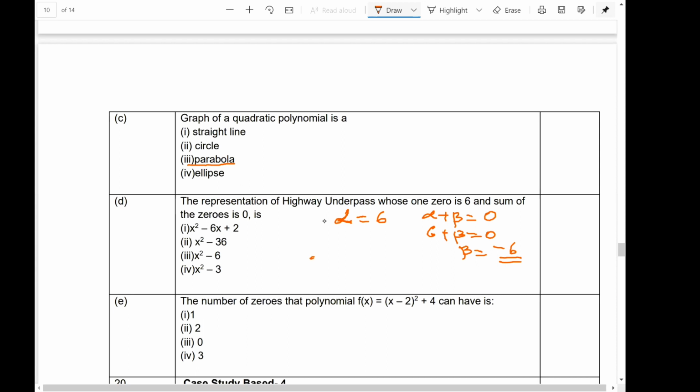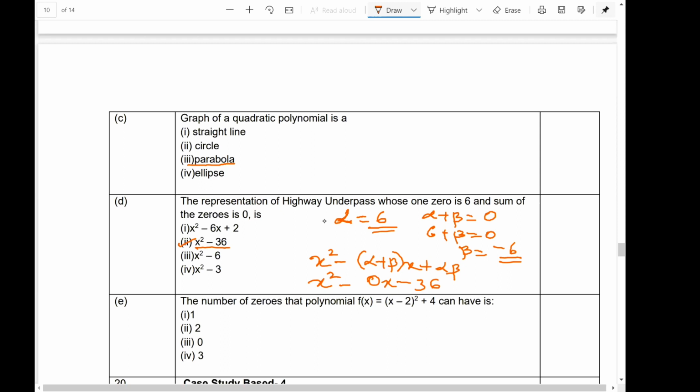You know the quadratic polynomial is x square minus sum of zeros into x plus product of zeros. So x square minus 0x, and the product of zeros is 6 times minus 6, it is minus 36. That is option 2, the right answer, x square minus 36.